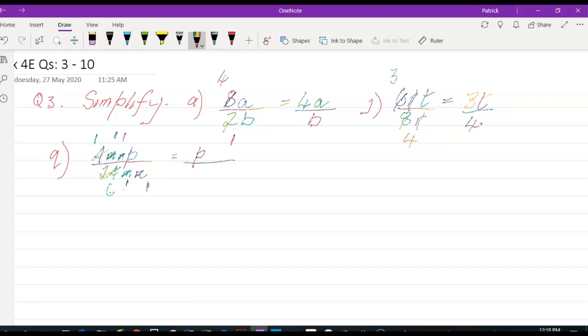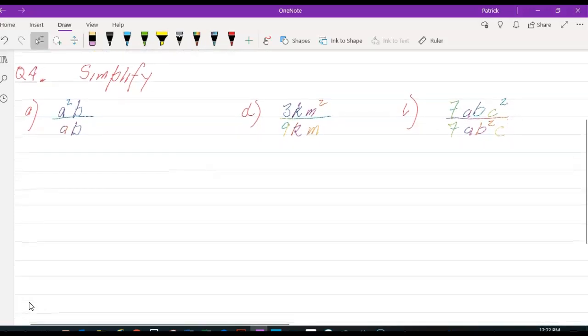M and N have gone out, and I'm left with 6. So 4MNP over 24MN leaves me with P over 6.